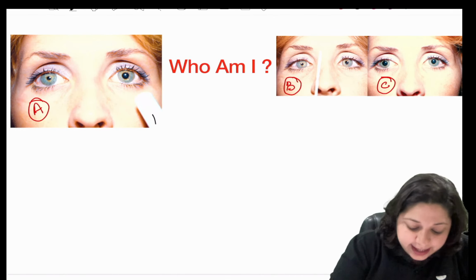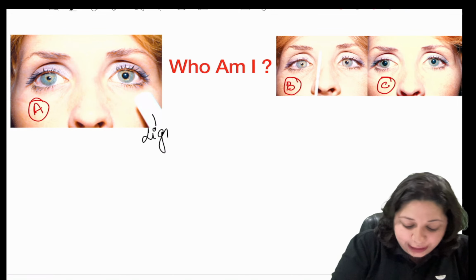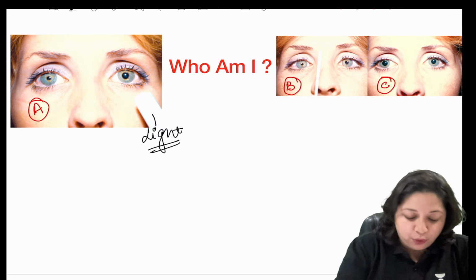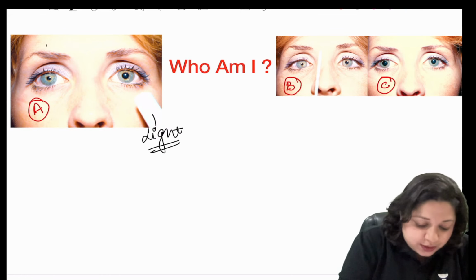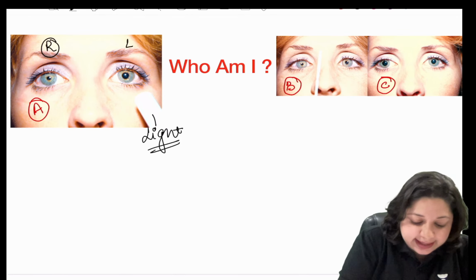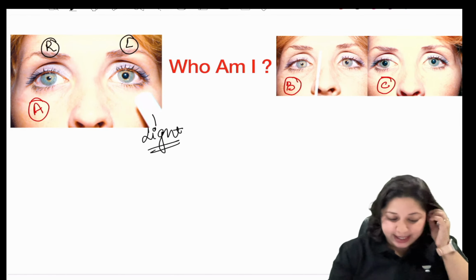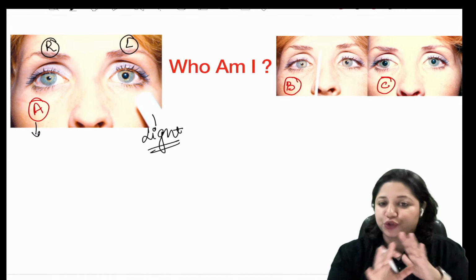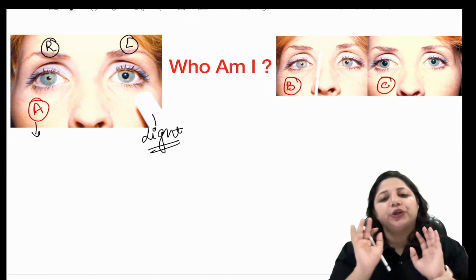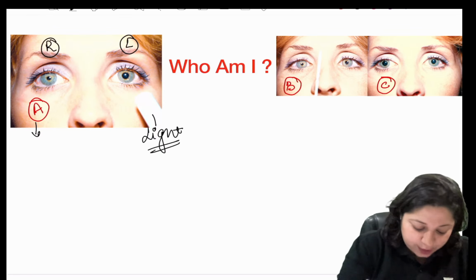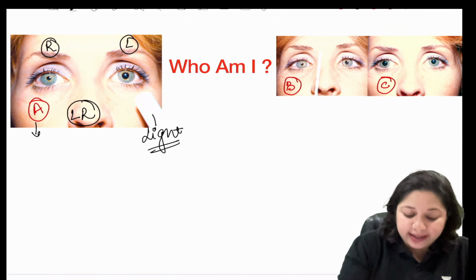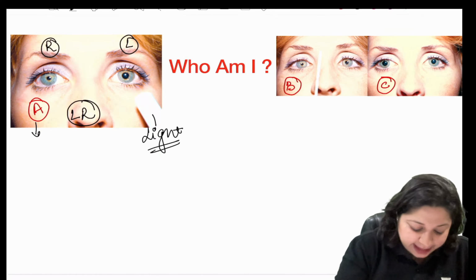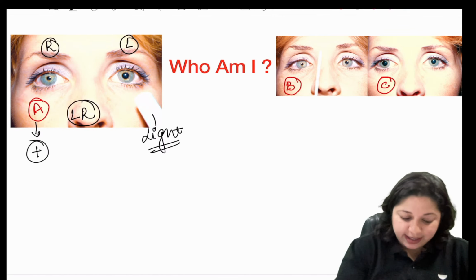So if you see here, this is the light which is being shown to both the eyes, right? So this is the right eye and this is the left eye. Don't jump to the diagnosis. If you know what is shown, you know the diagnosis. So if you see in this image, the light reflex: once the light is being shown here, this pupil constricts, right?